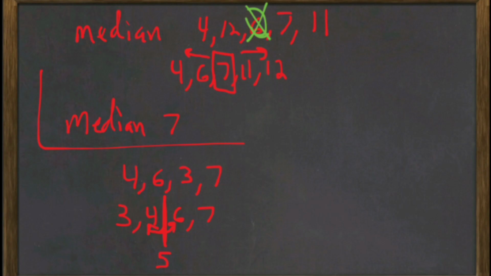And again, just to drive that home, if we had 3, 4, 7, and 8, we still take the midpoint here. It's not 5, it's the midpoint of 4 and 7, which is 5.5. So the midpoint becomes the mean of those 2 numbers.